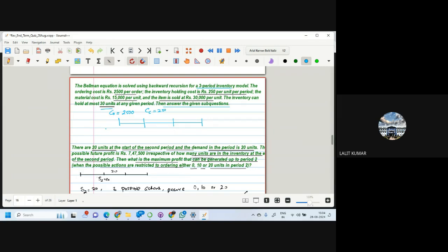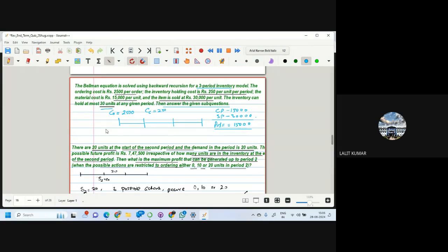The material cost at which you purchase is 15,000, so cost price is 15,000. The item is sold at 30,000, so the selling price is 30,000. From here directly we can find that profit per item is 15,000.